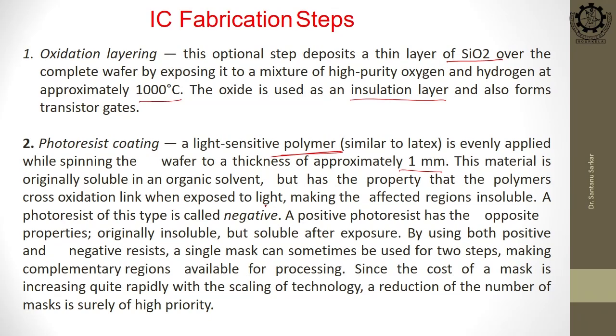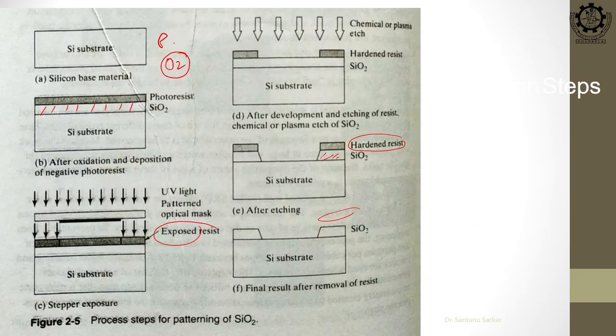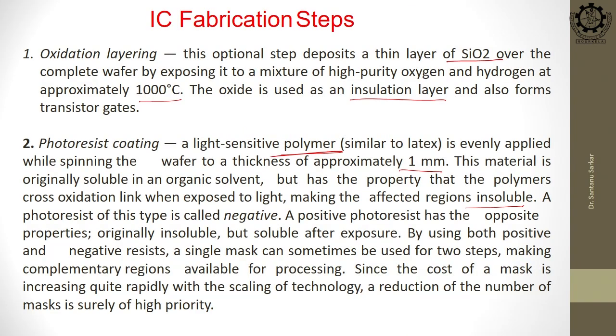When it is exposed to light, the affected region becomes insoluble, that is what we were saying, that it was hardened. Okay. So, when exposed to light, the photoresist coating will make the region insoluble. This type of photoresist is called negative, and similarly the opposite type is known as positive photoresist.